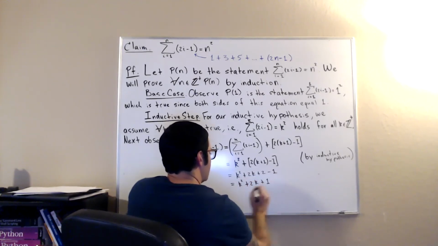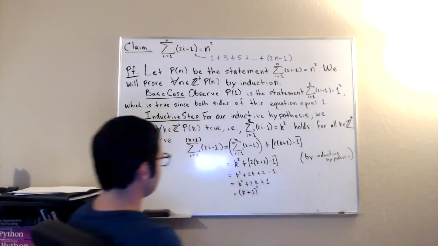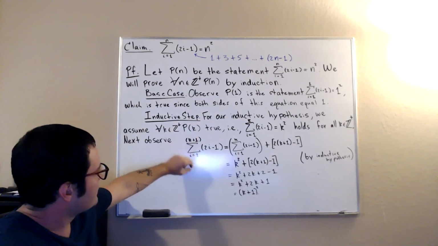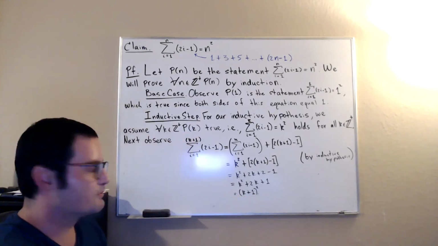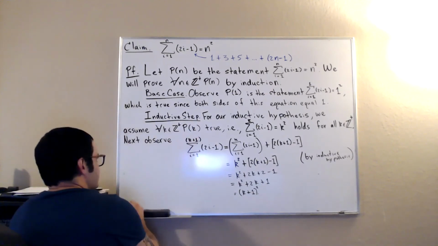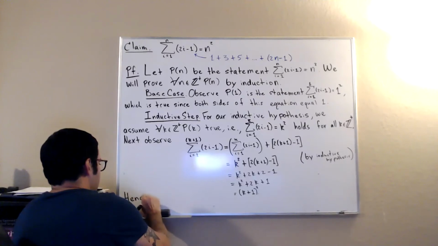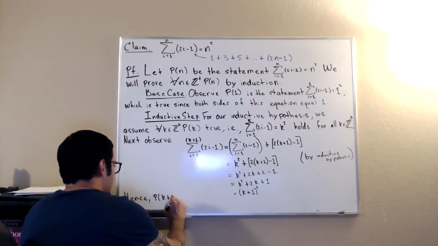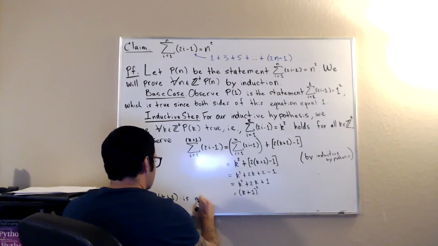Oh, and this is k plus 1 squared. So this is the statement P of k, which is that this equals that, is true. P of k plus 1 is true. So hence, P of k plus 1 is also true.